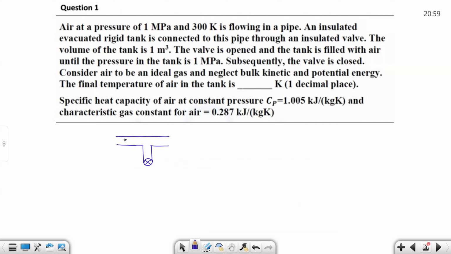There is a pipe through which air is flowing.